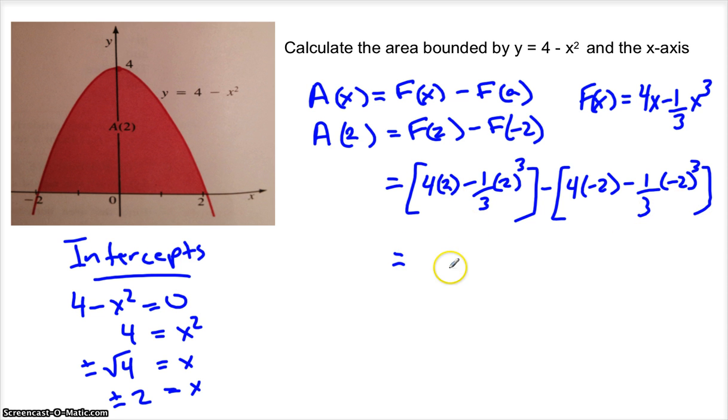We just have to figure it out. Simplify here. We have 8 minus 1/3 of 2 cubed. 2 cubed is 8. Divided by 3 is 8/3. Subtract 4 times -2 is -8. -2 cubed is -8. -1/3 of that is positive 8/3.